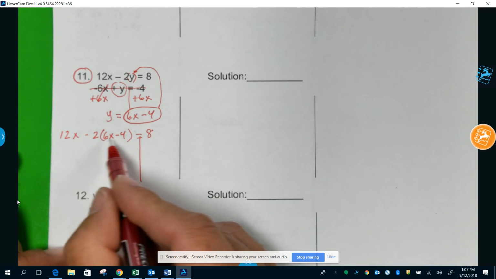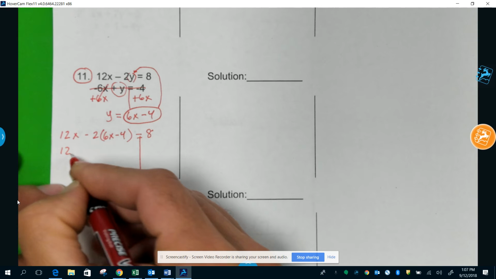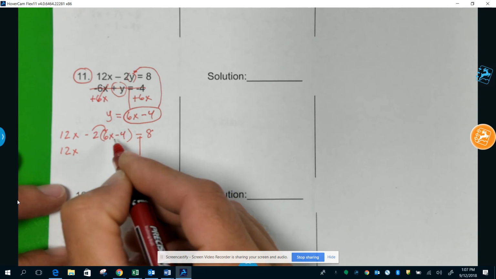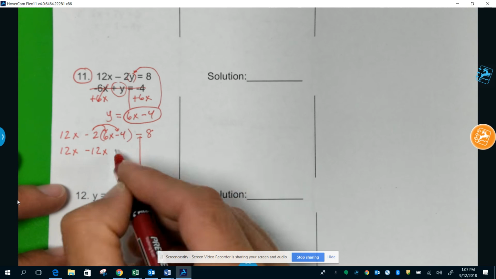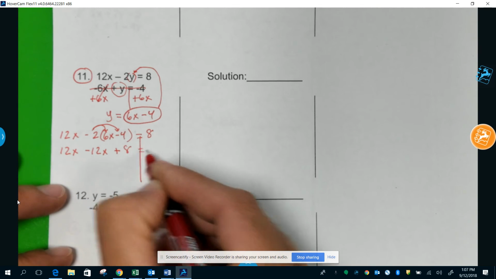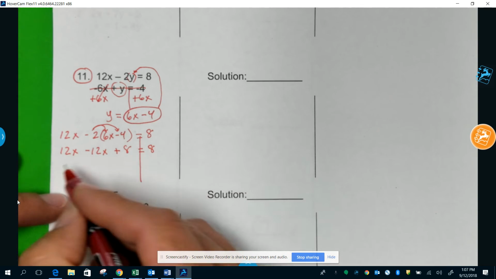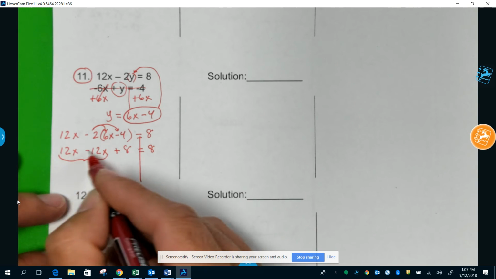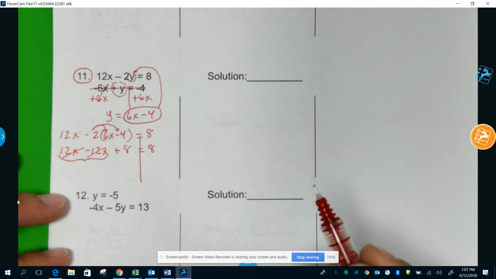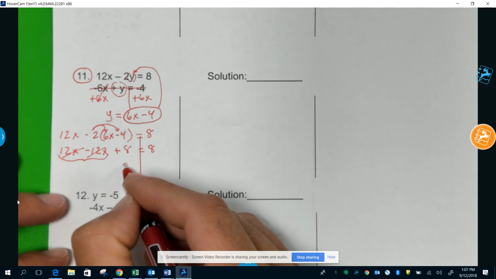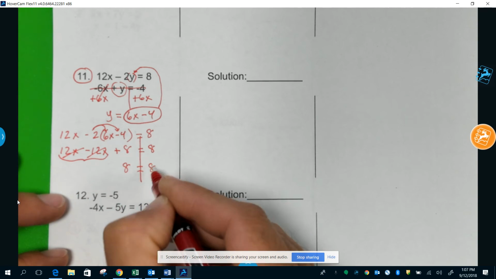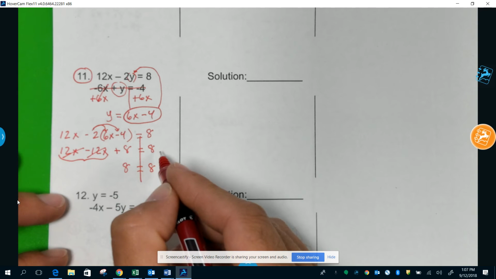So now all I have are x's, so we're going to solve for x. 12x, let's distribute, negative 2 times 6x, negative 12x, negative 2 times negative 4, positive 8, equals 8. Like terms, 12x minus 12x, those eliminate.